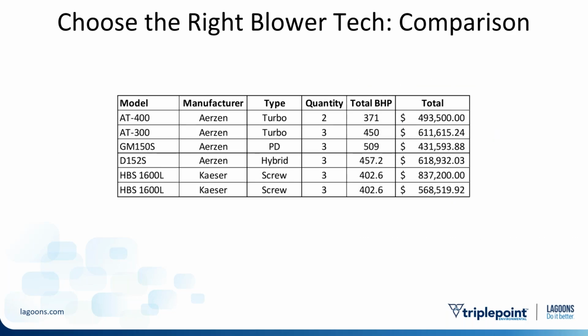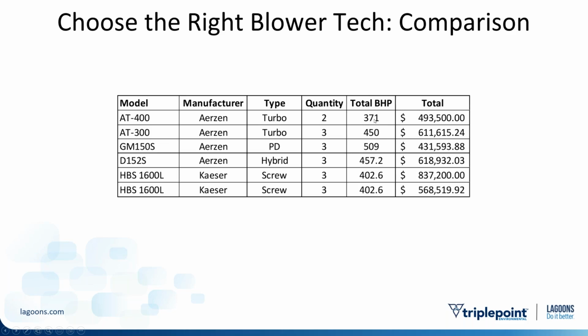Here's a really quick example I did for, I think it was a sugar beet customer. He was a big fan of Aeration and Kaiser, and we are too. So we looked at some of their blower offerings, and you'll see it's pretty drastic how the different models approach the need of the plant. With this model, 2 units required, the other models are 3 units required.